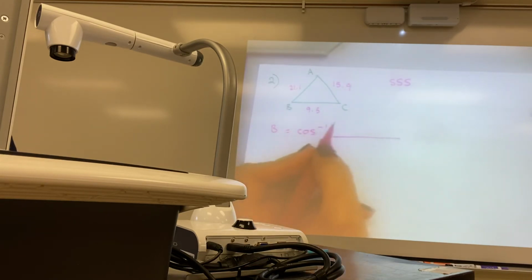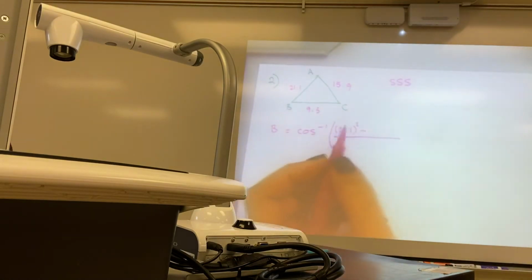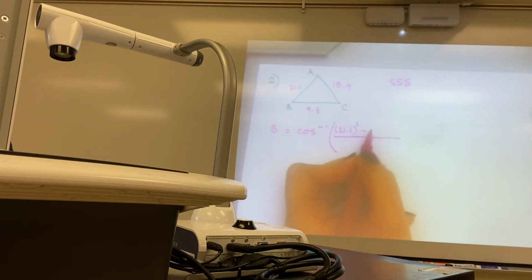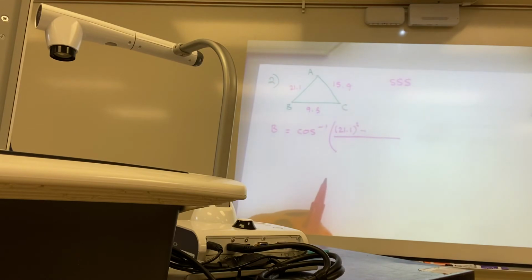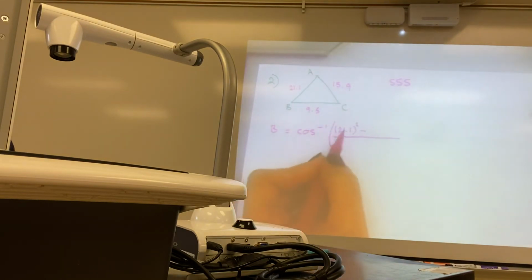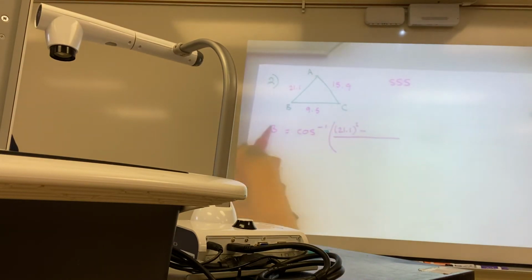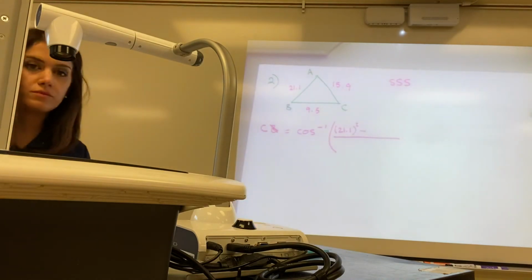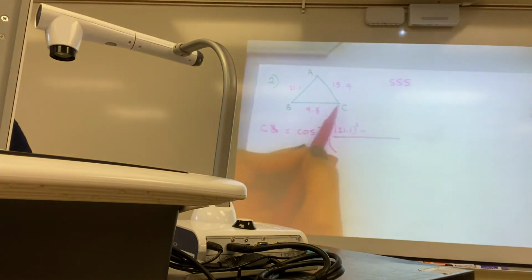So this will be 21.1 squared, minus 9.5. Oh, this is not B. Or you know what? Let's say this is C. No, my bad. This is angle C. Okay, we'll start by finding angle C.